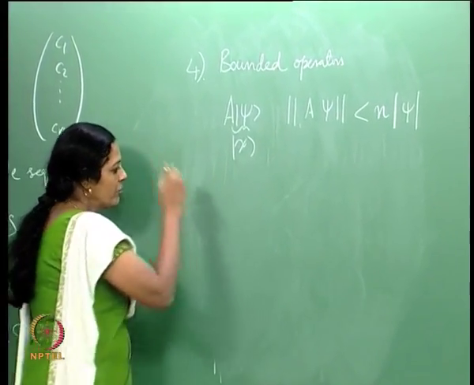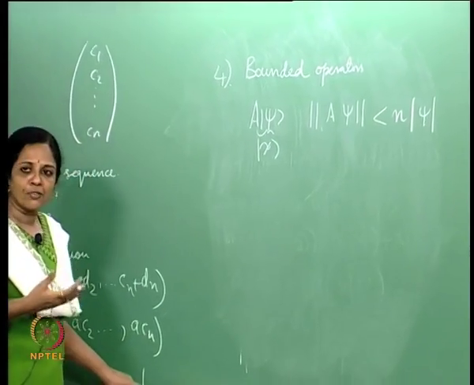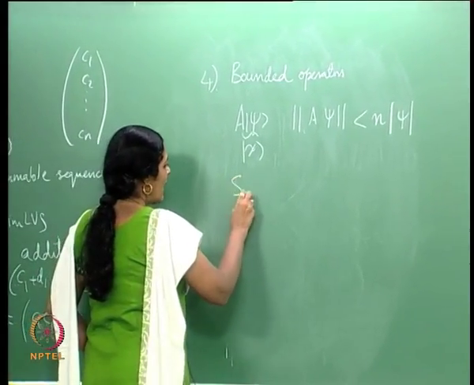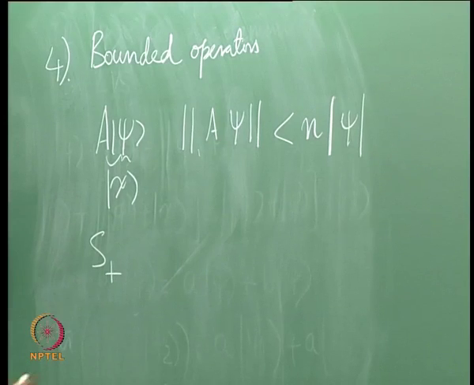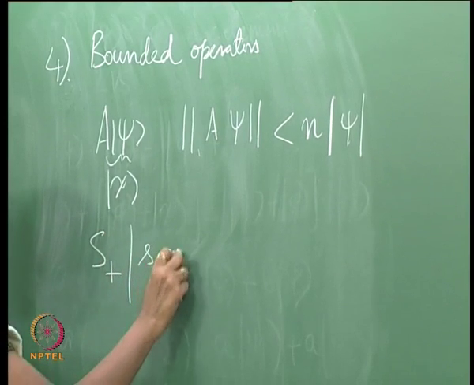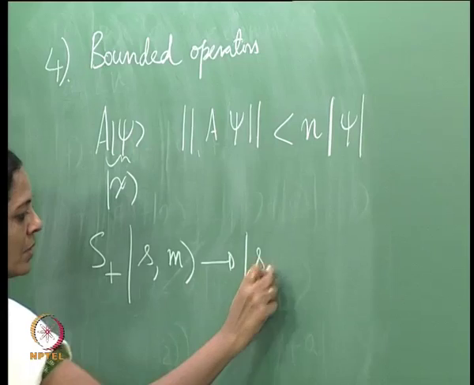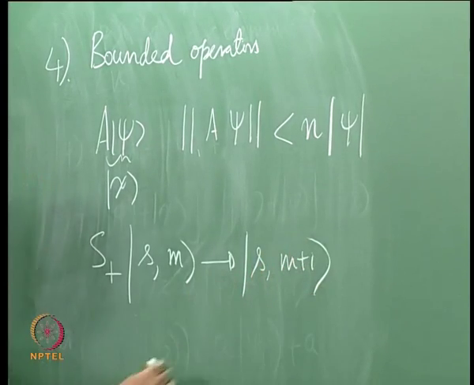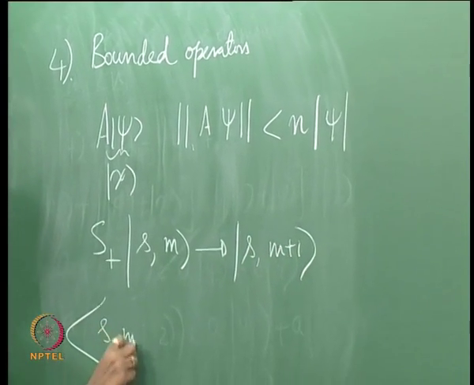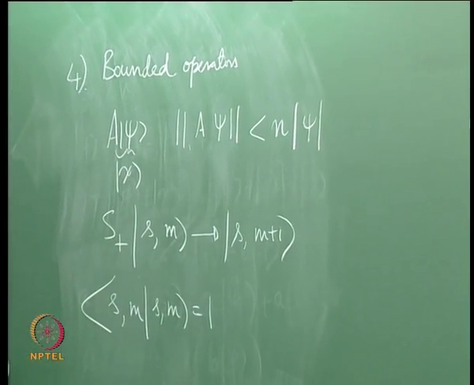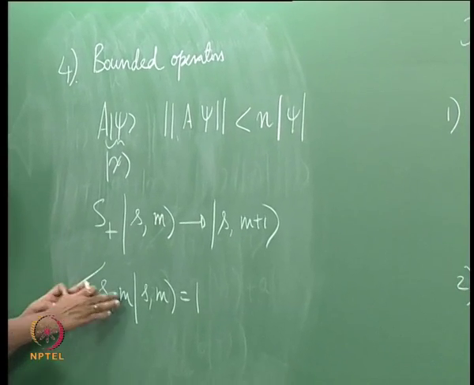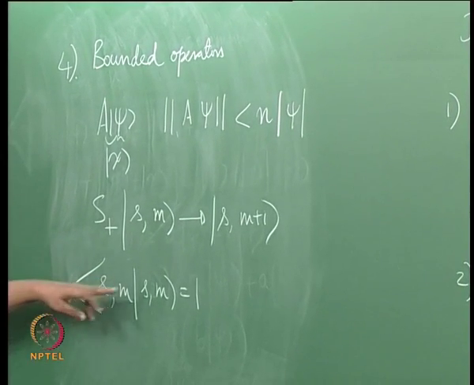For instance, if we go back to the example of spins, we had S plus, which was the non-Hermitian operator that took the state S comma m to S comma m plus 1. The set of states S comma m were orthogonal to each other, and each was normalized to 1.